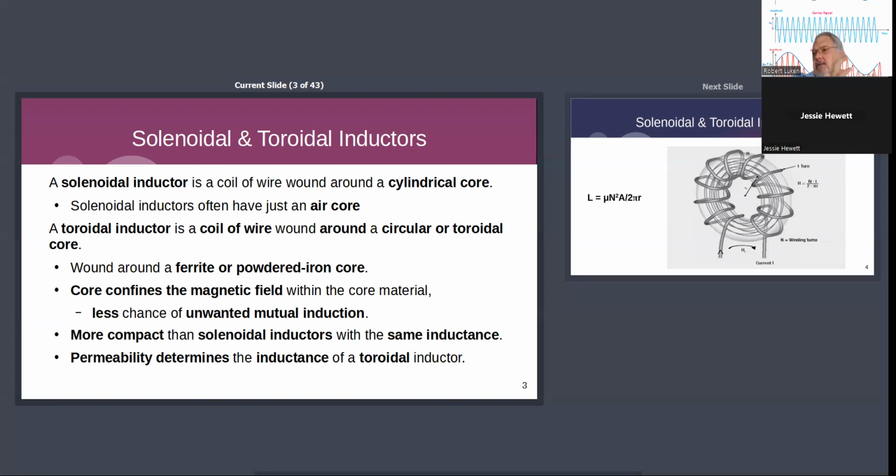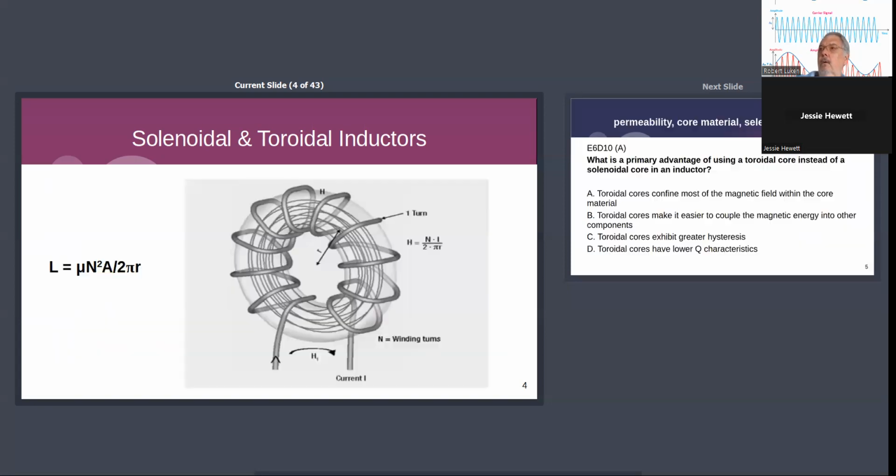So that gets sort of optimized when it's a toroid. And there's a nice picture of a toroid, kind of showing the magnetic lines contained in the center.